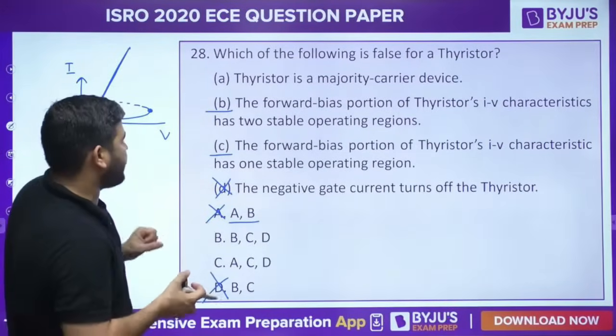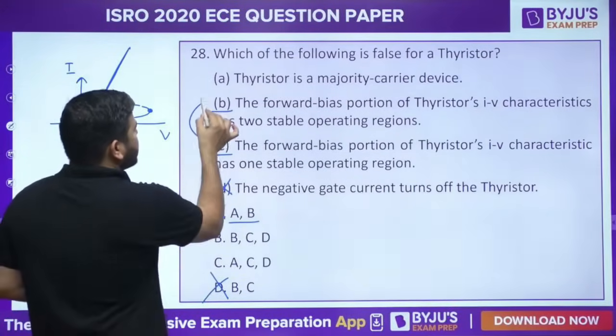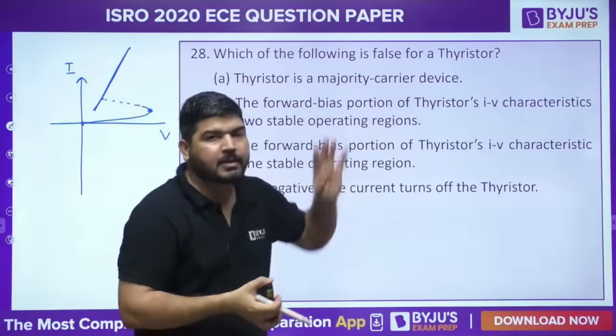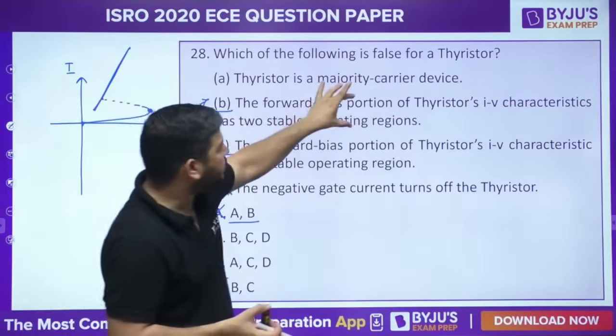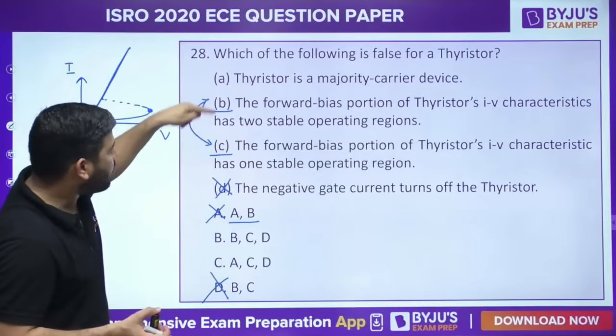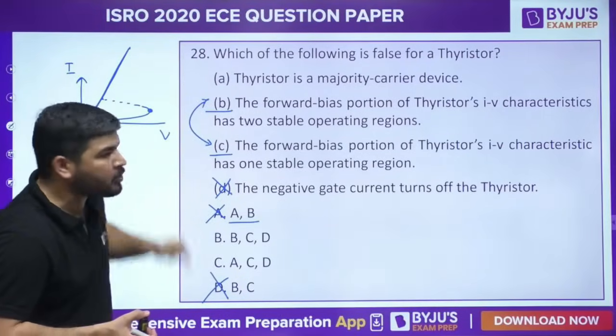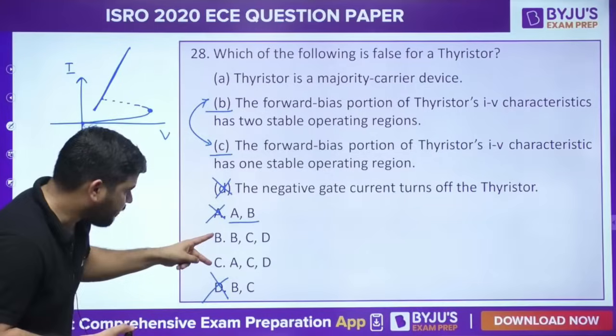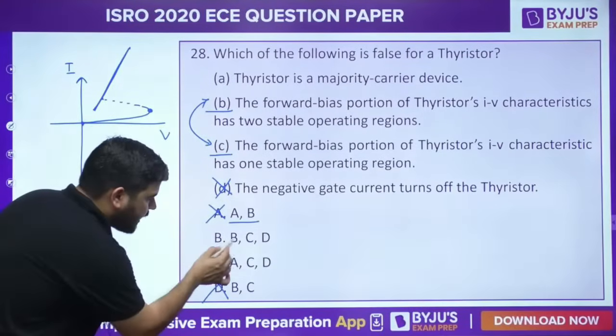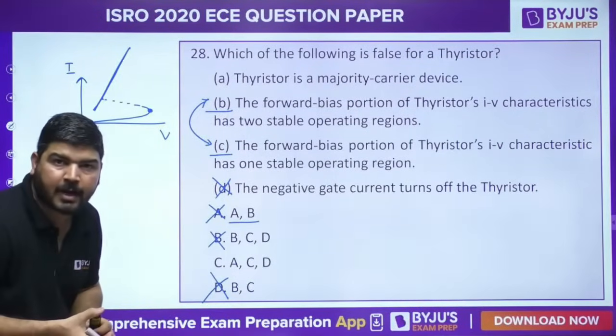Now let's come to the next. Between these two options, I told you that it has two stable operating regions. This is the correct statement. We want false. So out of B and C, C should be there in the answer. The option that contains B cannot be the right answer.